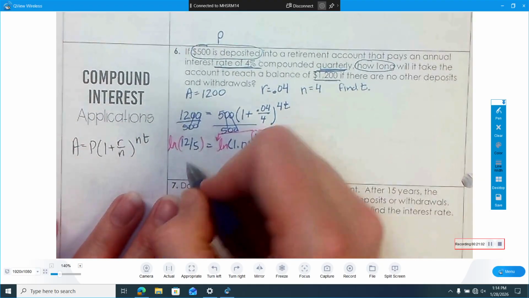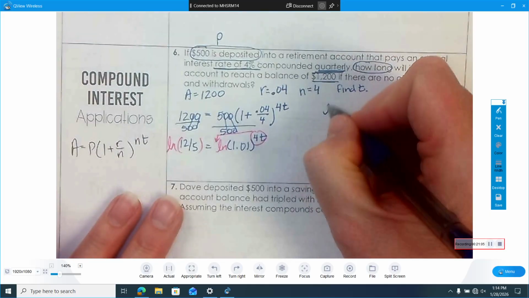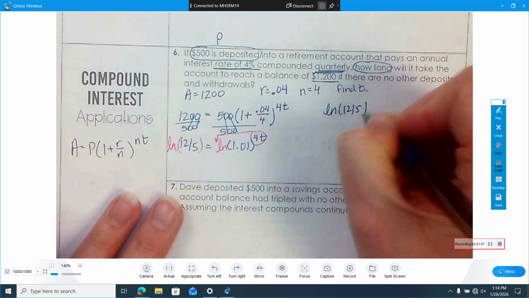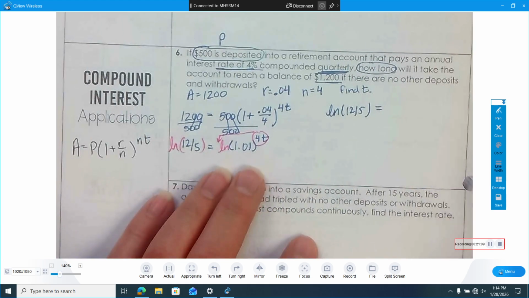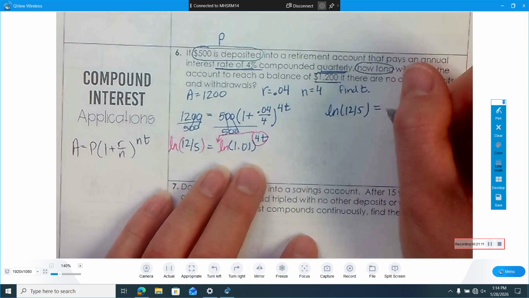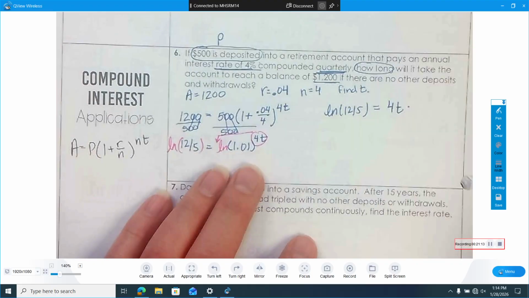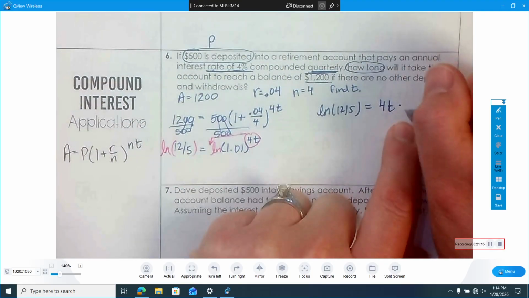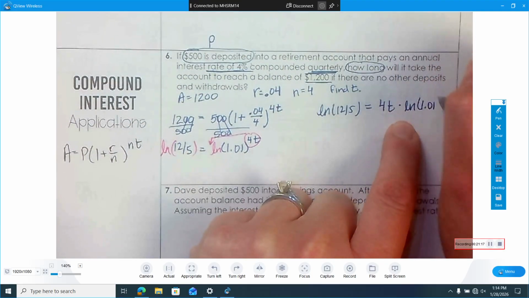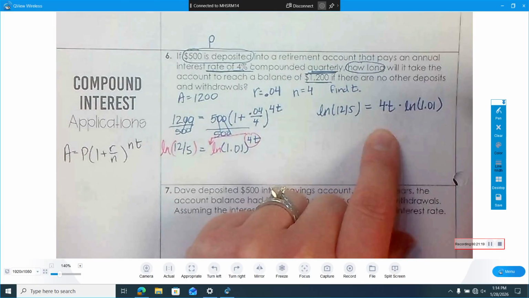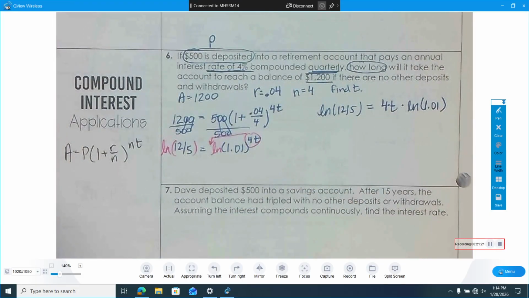Okay. So I get natural log of 12 over 5 equals what? 4t times natural log of 1.01. And this is 4 times t times the natural log of 1.01. How do we get the t by itself?